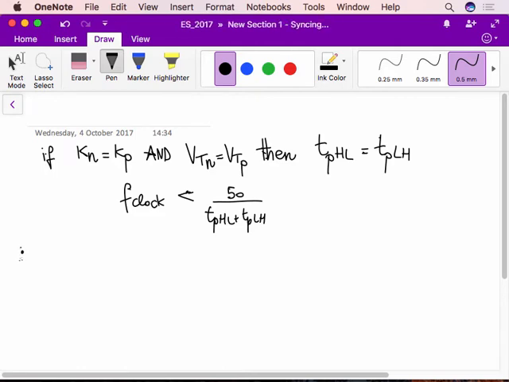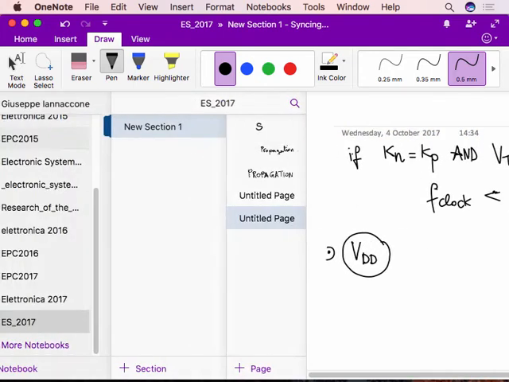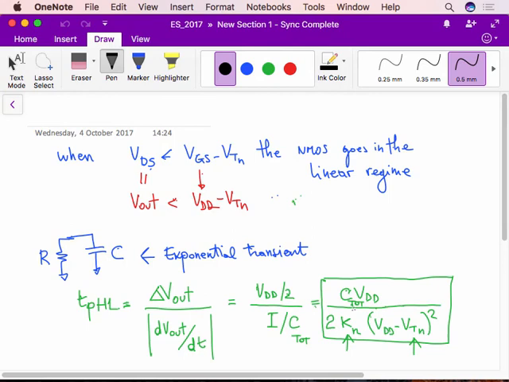So let's consider the impact of various quantities. First of all, VDD, the supply voltage. Let's consider the expression here. You know that VDD is in two expressions. We have VDD to the power of 1 at the numerator and VDD to the power of 2 at the denominator.